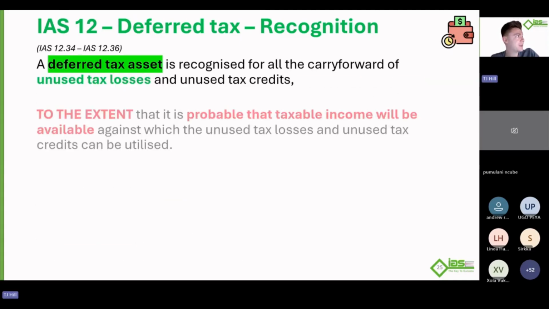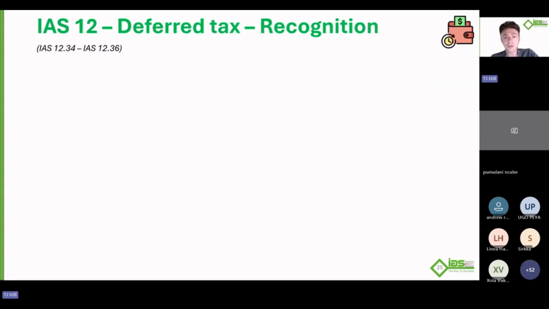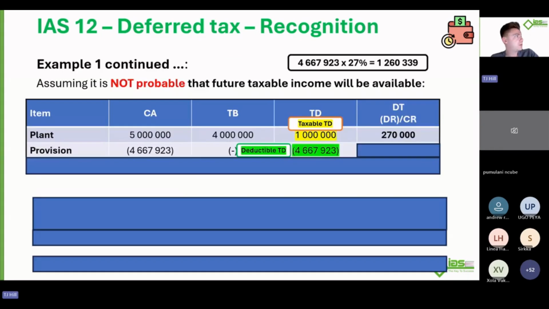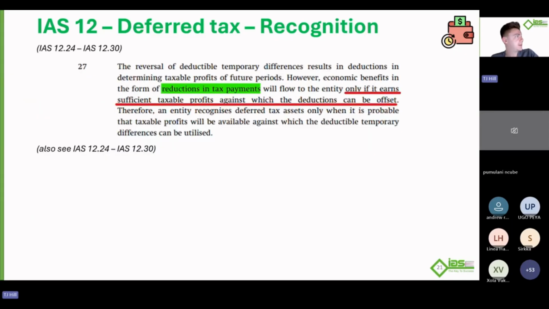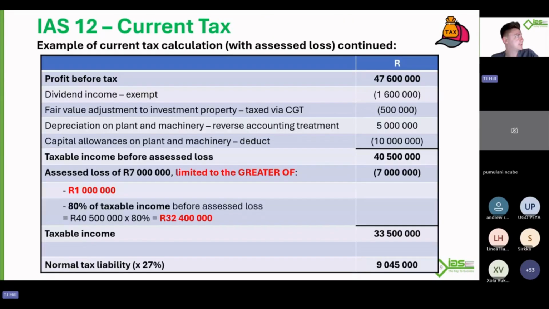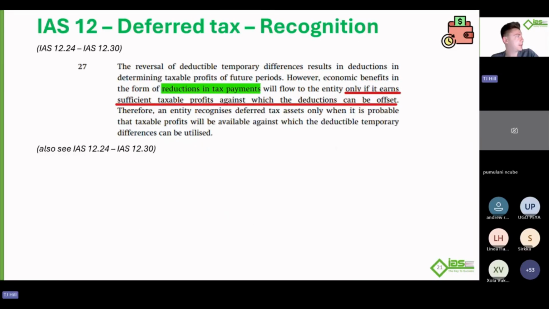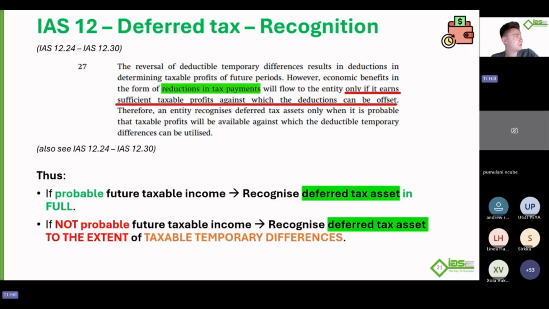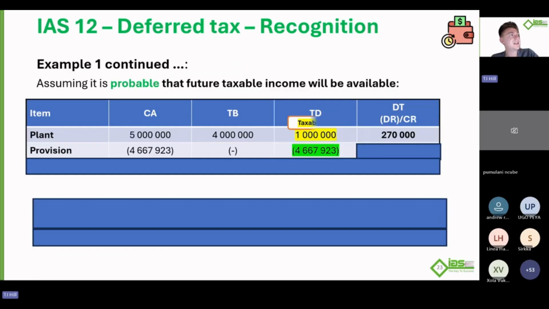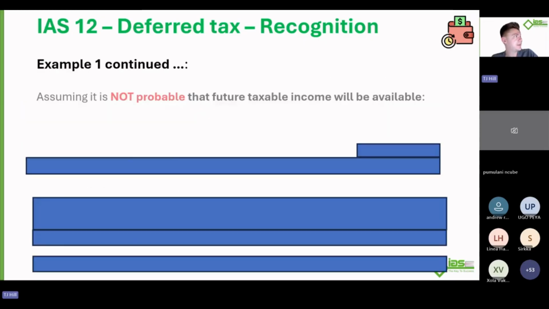You will see that even if you go to the other paragraph, the one we were looking at earlier, I just want to hop back. This one we were looking at earlier from paragraph 24, was looking at a deductible temporary difference.